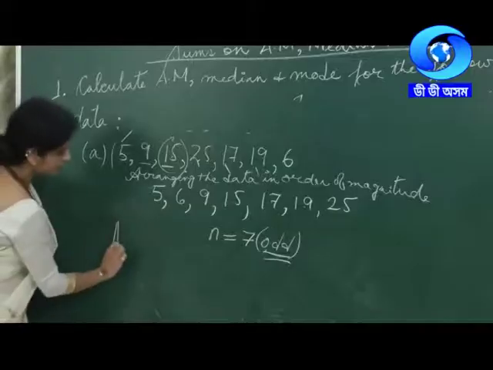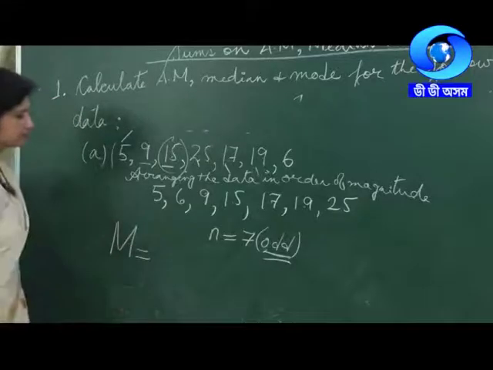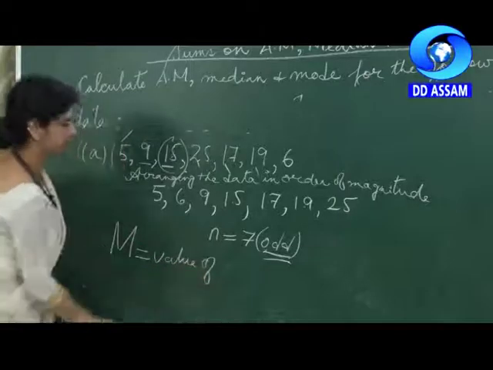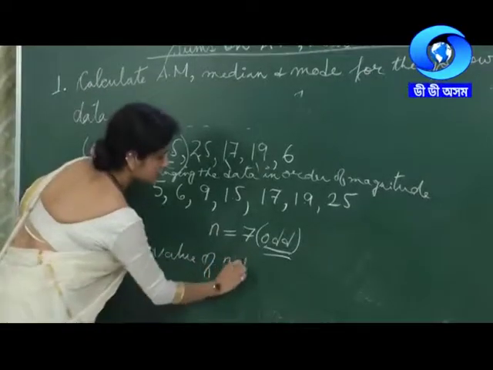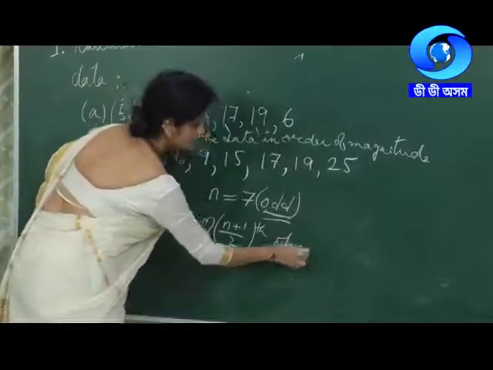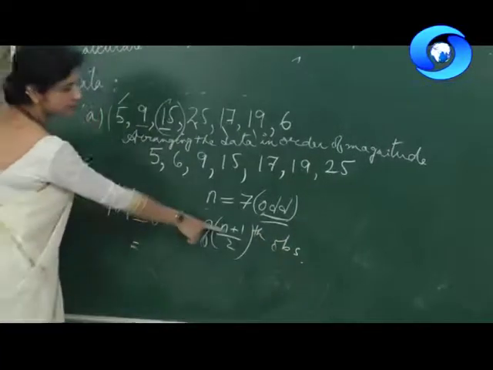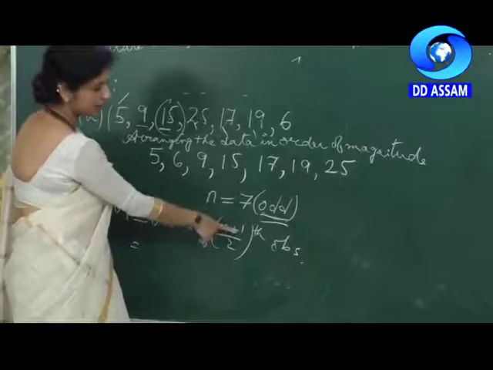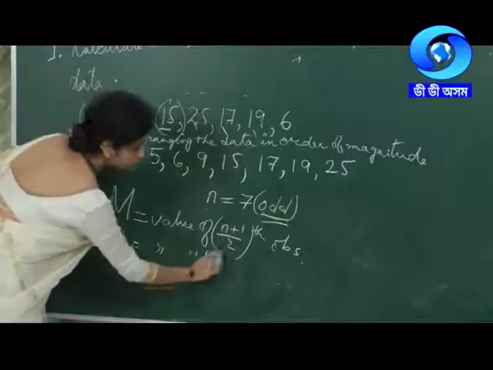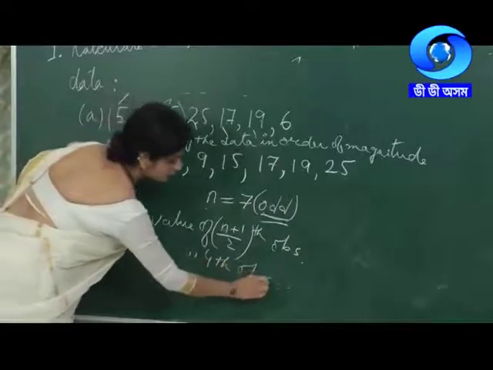When it is odd, median is equal to the value of the n plus 1 by 2th observation. So what is n here? n is 7, plus 1 is 8, 8 by 2 is 4. So the value of the fourth observation.